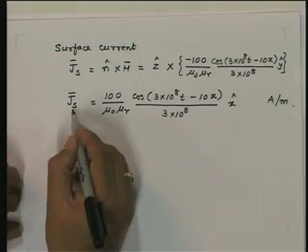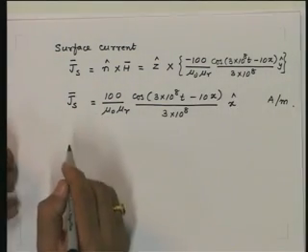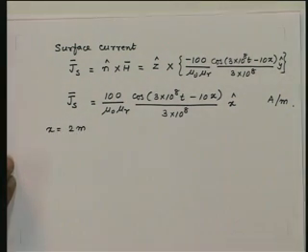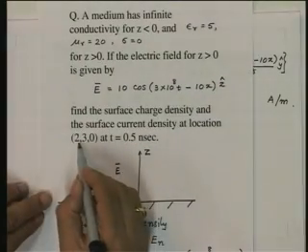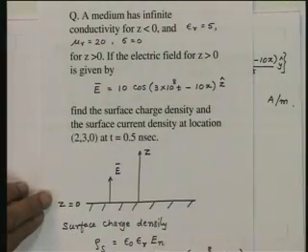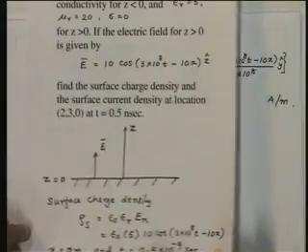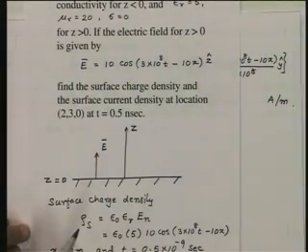Then the surface current density at location x equal to 2 meters, because we have to find out the quantities at this location 2 comma 3 comma 0. Again we note this is having a variation only as a function of x. So, y coordinate and z coordinate do not come into picture.